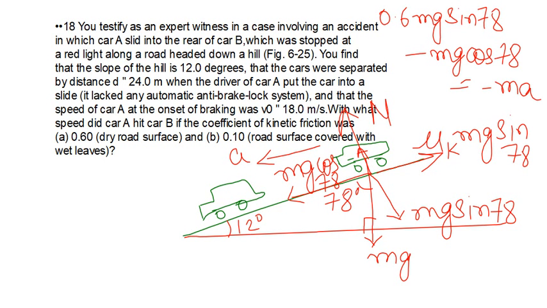So you can see m and m get cancelled and you can get the acceleration by putting the values of g and sine 78 and cos 78. So you get acceleration a as minus 3.71 meter per second square.